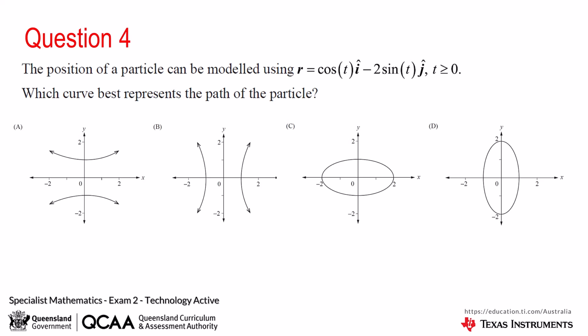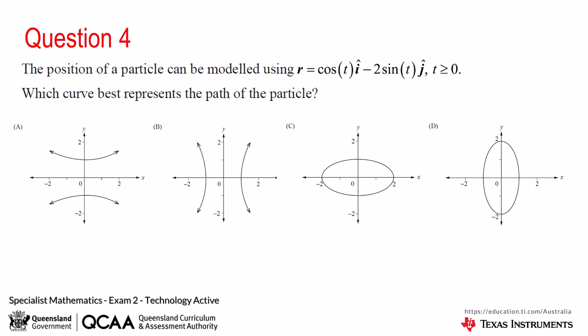Now, without a calculator, we could specify the parametric equations as x equals cos t and y on -2 equals sin t. We could then take those equations, square both of them and add them together, and exploit the identity that cos squared t plus sin squared t equals 1.